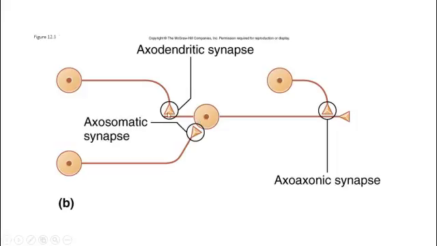So you could synapse between an axon and a dendrite. That's an axodendritic synapse. You could have an axon synapsing right onto another axon, axoaxonic, or you could have an axon synapsing onto a cell body, axosomatic.